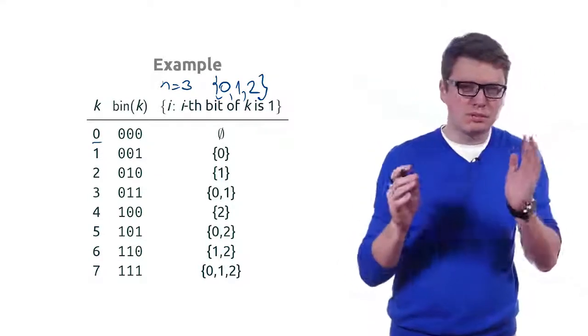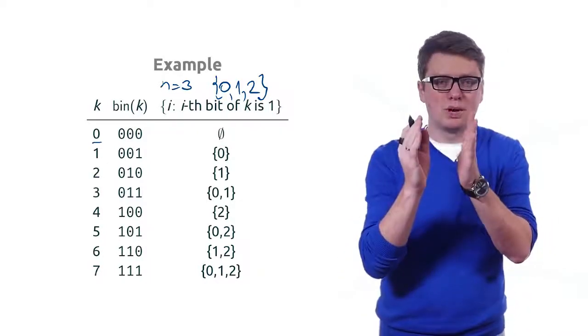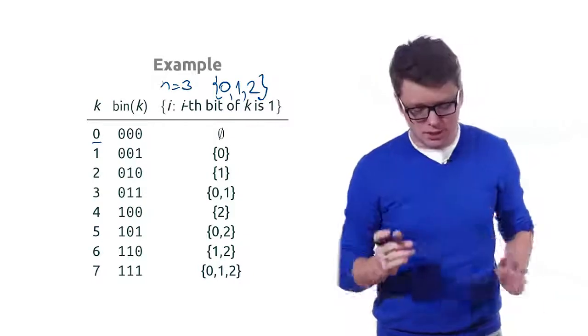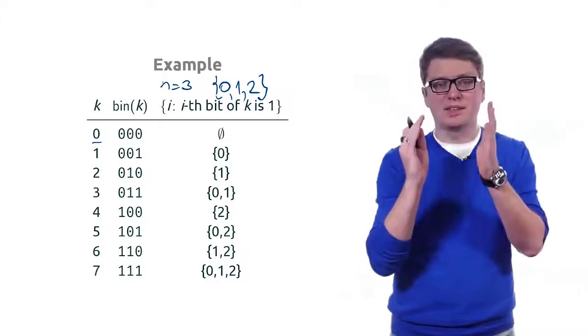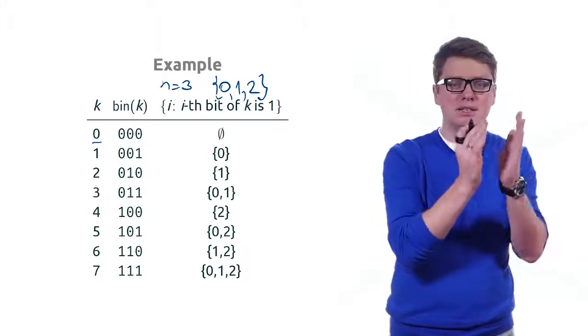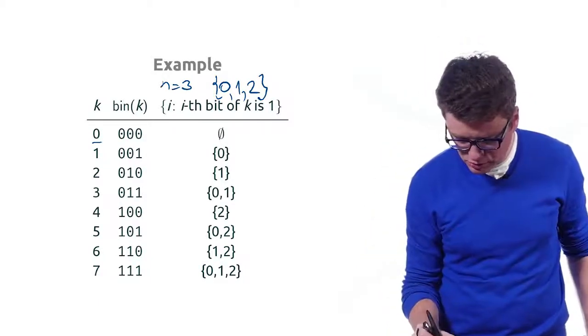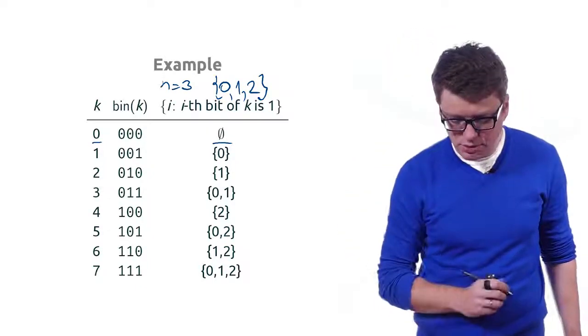So assume that we always consider sequences of zeros and ones of length exactly 3, of length n. So we always append leading zeros so that the length is equal to 3. Then this corresponds just to the empty set, just because there are only zeros here.